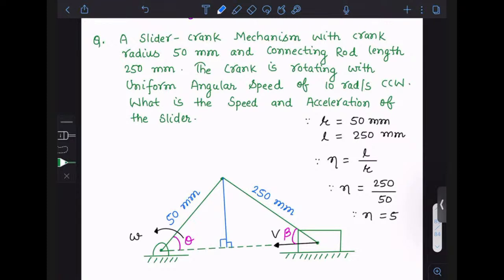Okay, so now let's start. I think no one was able to solve this problem. It's okay, no problem.